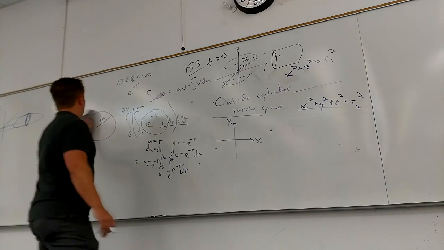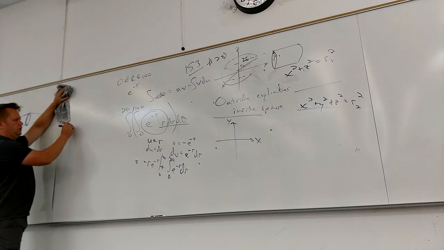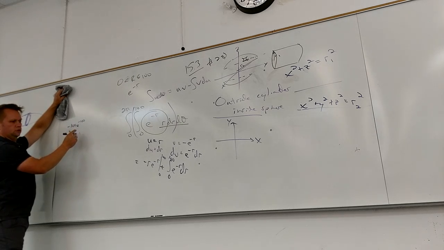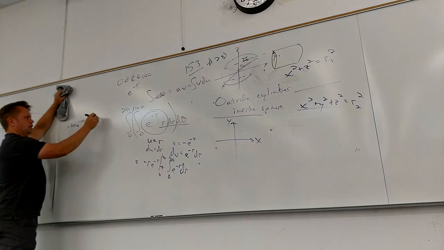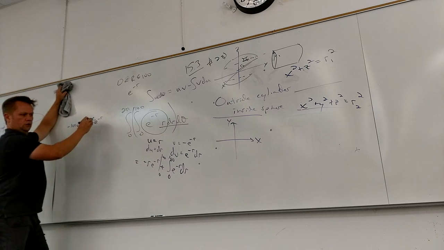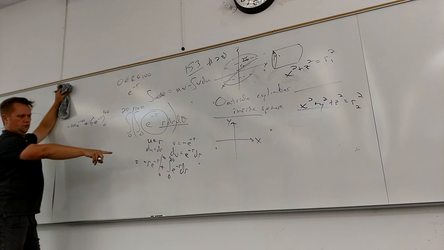I've got the same setup as you, everything. So let's see, you get negative 100 e to the negative 100 plus 0 plus, so this will be negative e to the negative r, right, for the integral there?